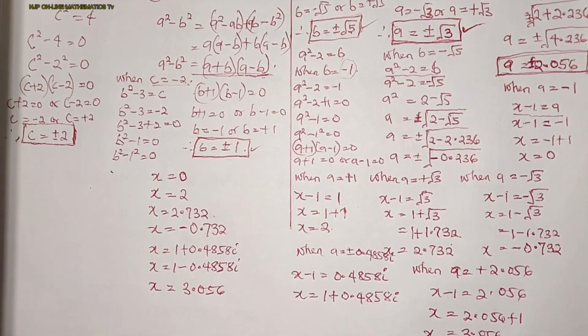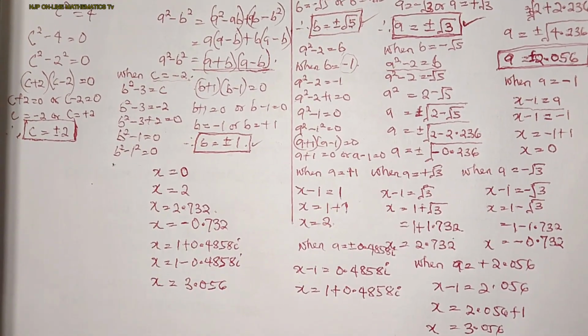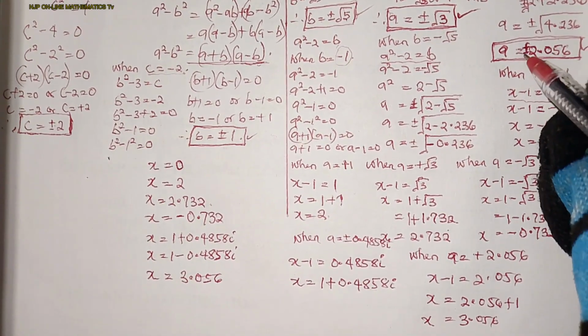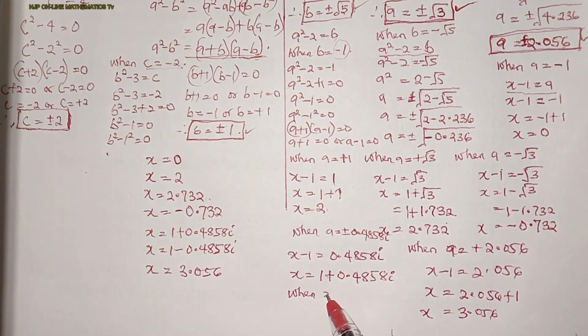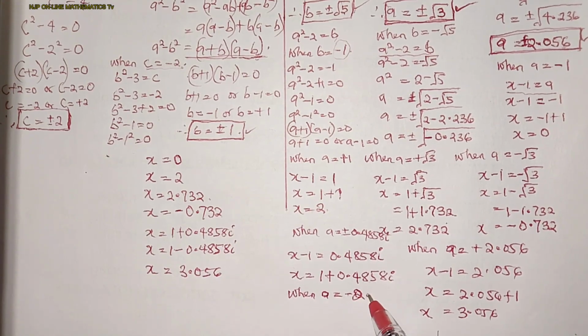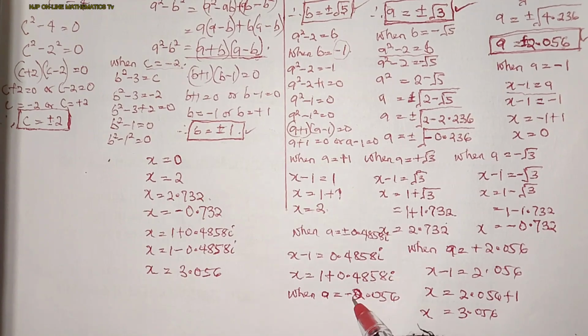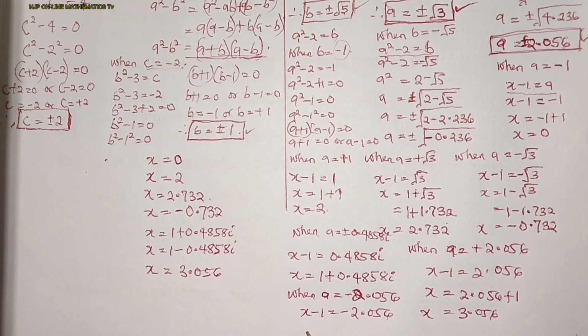So we still have to continue. Let's substitute when a equals a negative 2.056. Then x minus 1 equals negative 2.056. So x equals 1 minus 2.056.